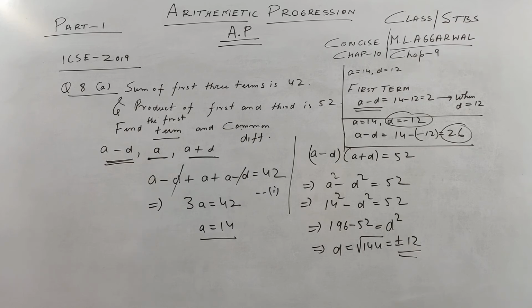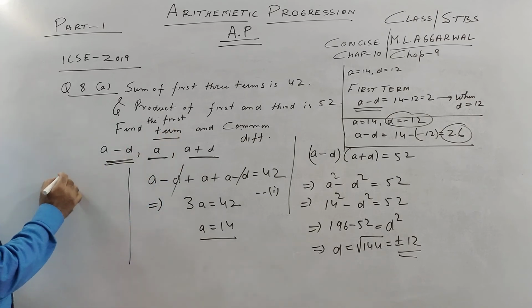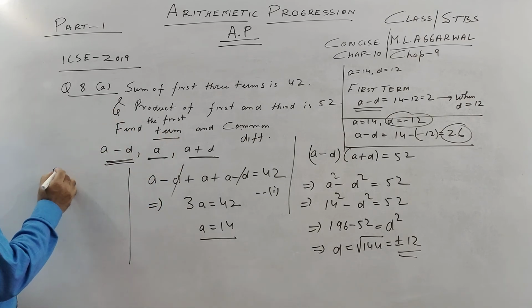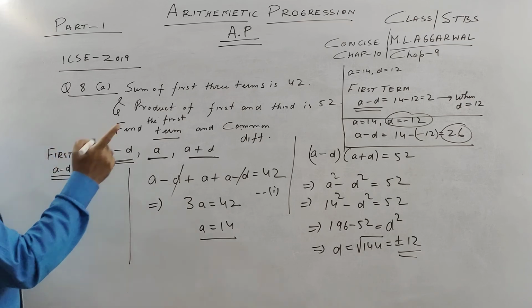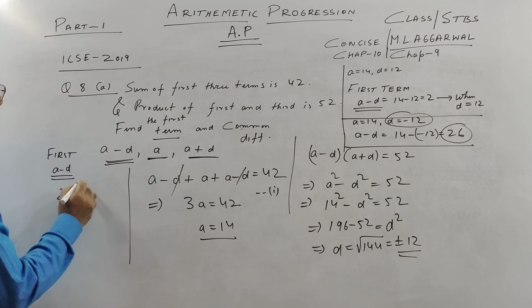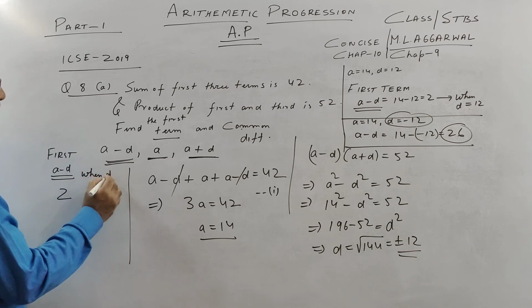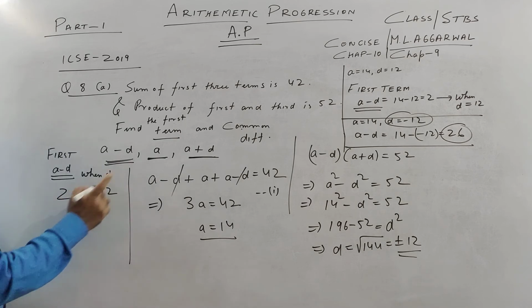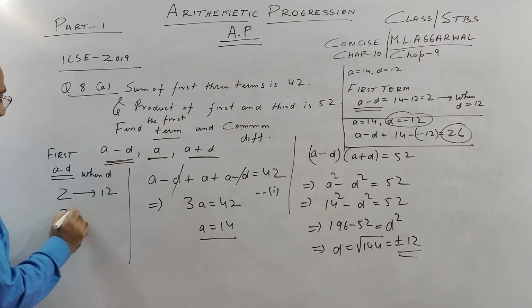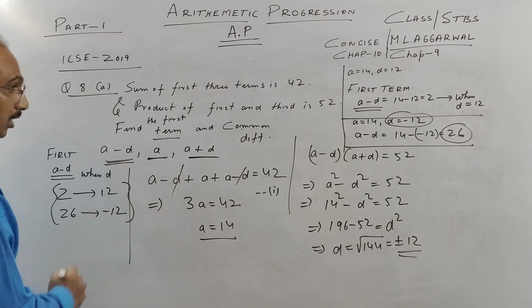So let us write the answer nicely, because first term, you see, finally first term is a minus d. First term is 2 when d is plus 12. Okay. And first term is 26, children, when d is minus 12. So these are the two answers.